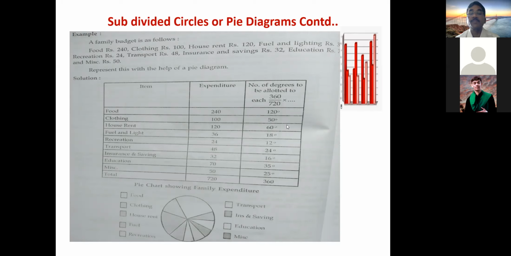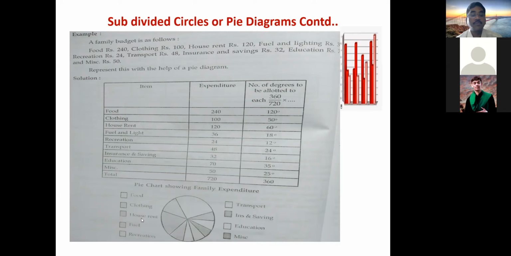And after that, what is the biggest one? 60 degrees. What is this 60 degrees? 60 degrees is house rent. House rent is plotted like this. If you see the textbook, you can understand in a better way. This diagram I have taken from the textbook only.